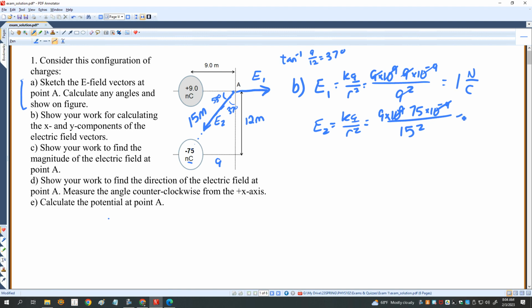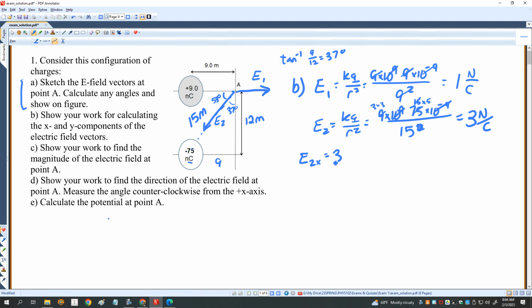That's going to be 3 newtons per coulomb. I think I did that right. So this is the same as 15 times 5, and that gets rid of one of those 15s, and then this is 3 times 3. So yeah, 3 newtons per coulomb is E2. So now I have the magnitudes of those two vectors. I just need to figure out what are E2x and E2y.